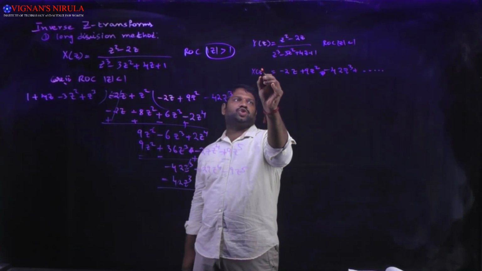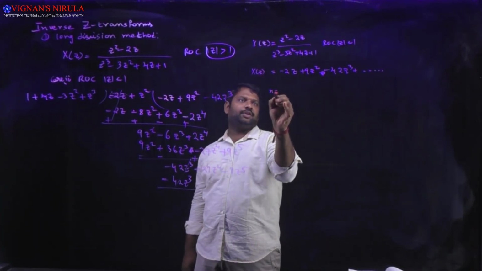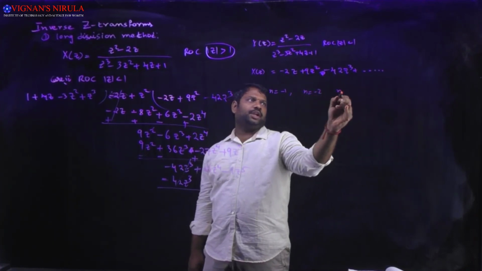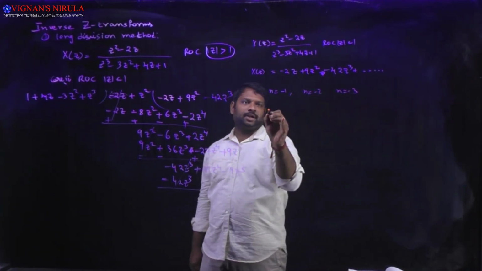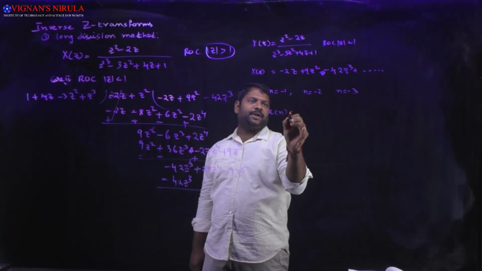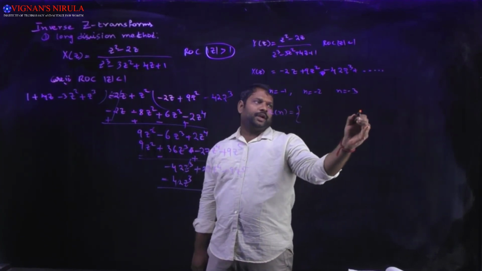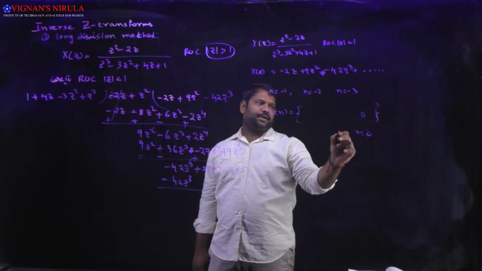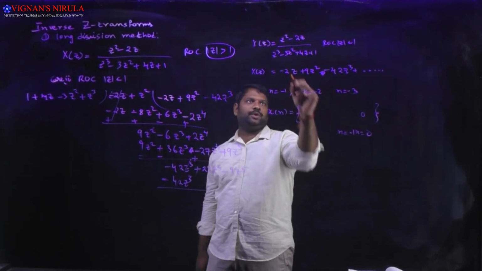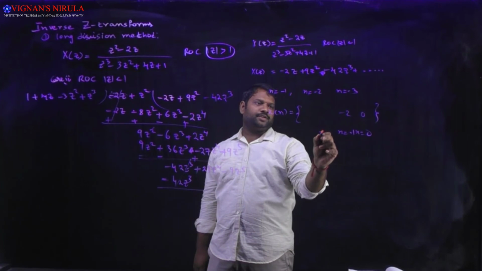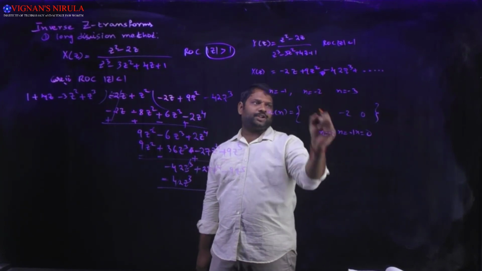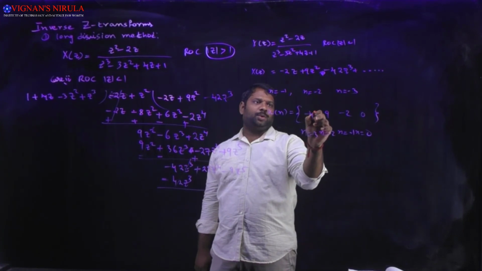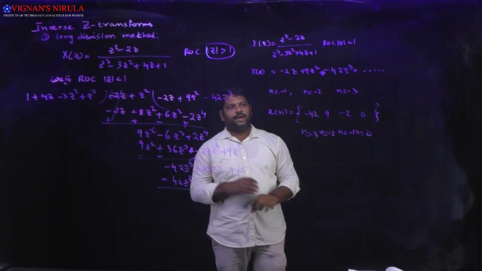Again here the positive powers of z now, therefore n will be negative: minus 1, n will be minus 2, n will be minus 3. Therefore x of n will be written as, at n is equal to 0, its value is 0, n is equal to minus 1, its value is minus 2, n is equal to minus 2, its value is 9, n is equal to minus 3, its value is minus 42, and so on.